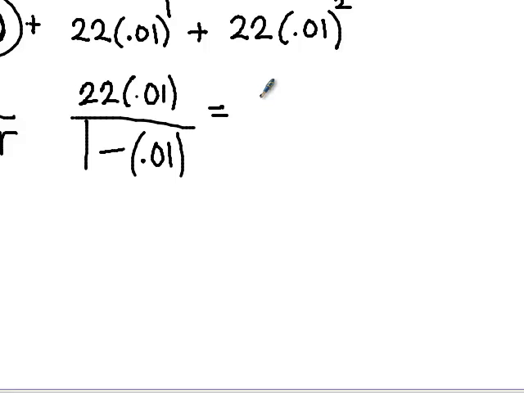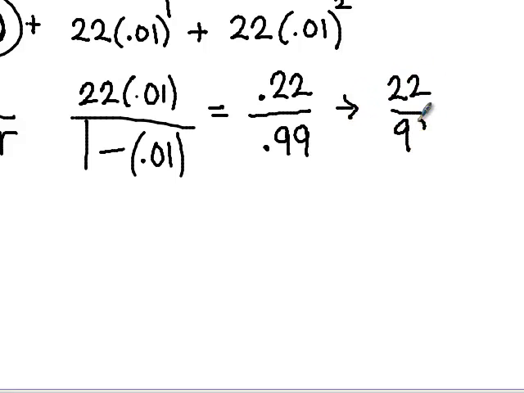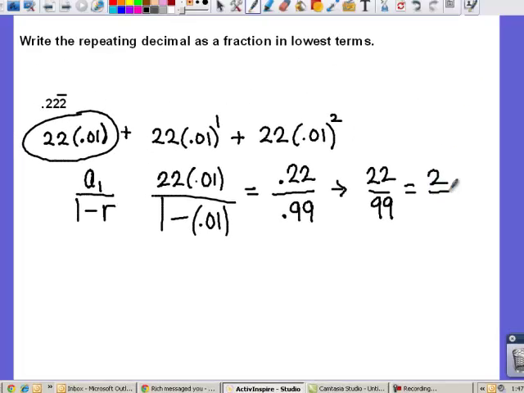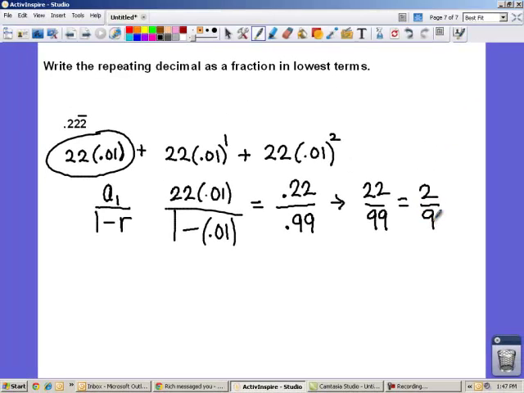And when you do this out, we're getting 0.22 divided by 0.99, and it ends up being 22 over 99, which is 2 over 9. And the reason I got 2 over 9 is I hit math, enter, enter, and this is how I'm getting these fractions here. And so the decimal that is repeating as a fraction in lowest terms is 2 divided by 9.